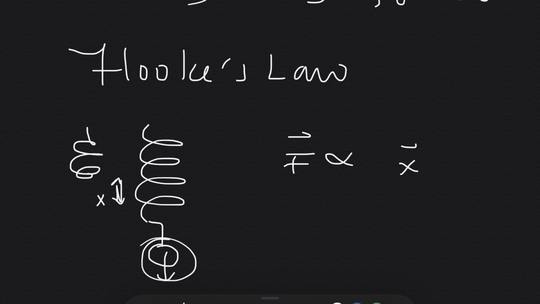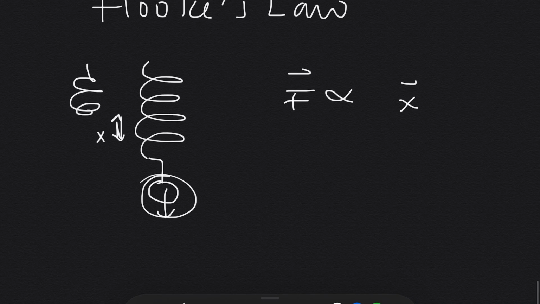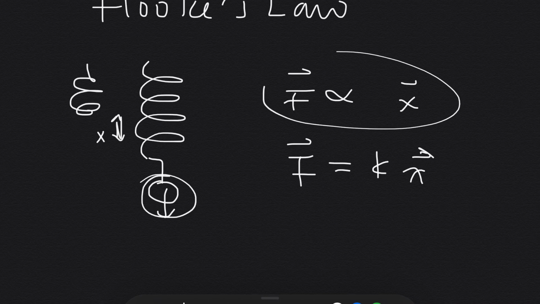That's the popular variable for extension. So we're going to call that x. So I can write F is equal to Kx. All right, where K is the elastic limit. By the way, this proportionality is only within the elastic limit. If you ever played with springs before, remember the springs that go down the stairs?